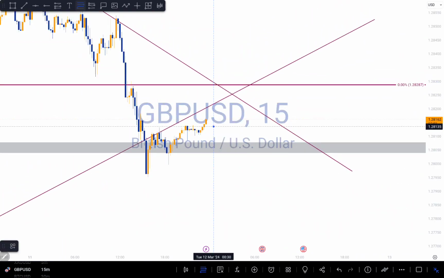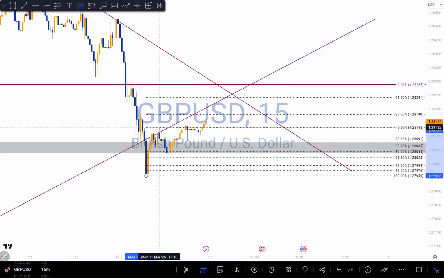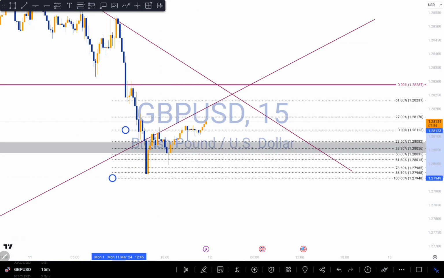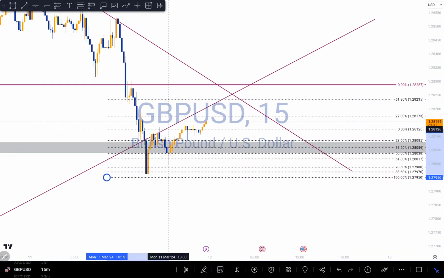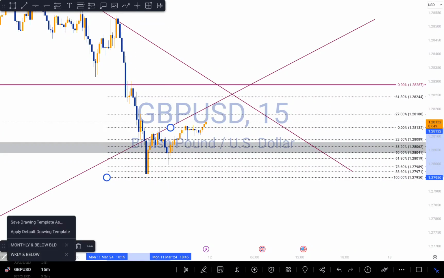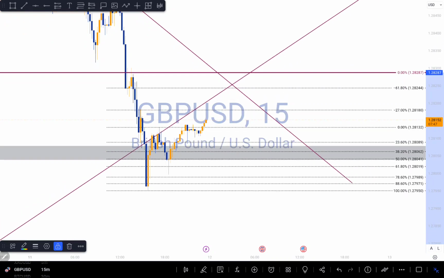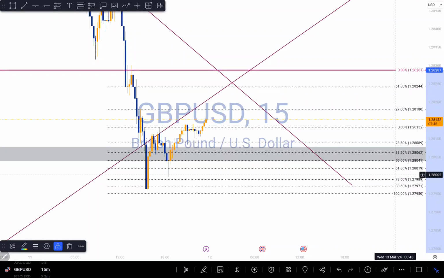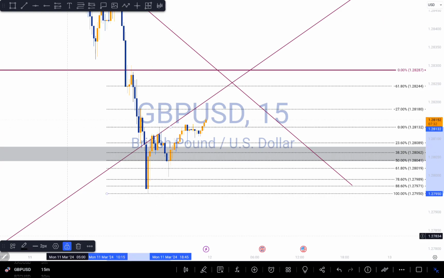Let's see if I use a mini fib from point A here to point B, my 15-minute time frame. We are almost getting to my negative 27% Fibonacci level, so we might start retracing in that area to tank to the downside.